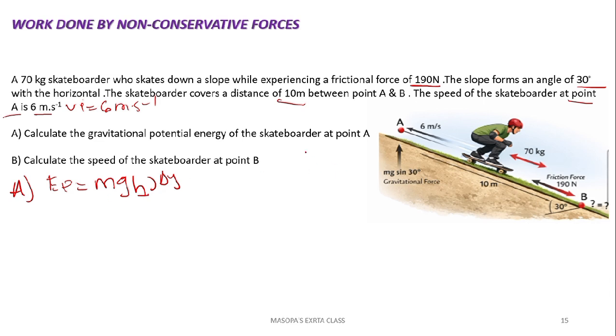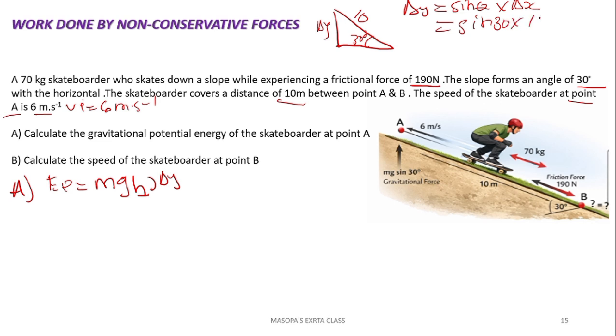When you look at the diagram, we have an angle theta, and we have delta x, which is 10, but you don't have delta y. To get that, delta y equals sine theta multiplied by delta x. So sine of 30 multiplied by delta x, which is 10, and then you go to how much?